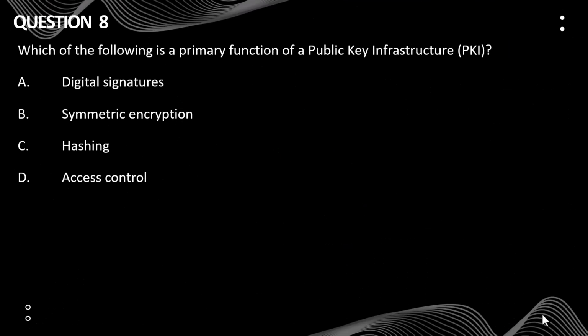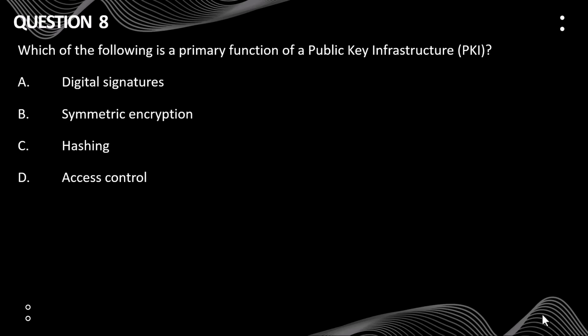Question 8. Which of the following is a primary function of the public key infrastructure? A. Digital signatures. B. Symmetric encryption. C. Hashing. D. Access control. So in this question, we are talking about the public key infrastructure.